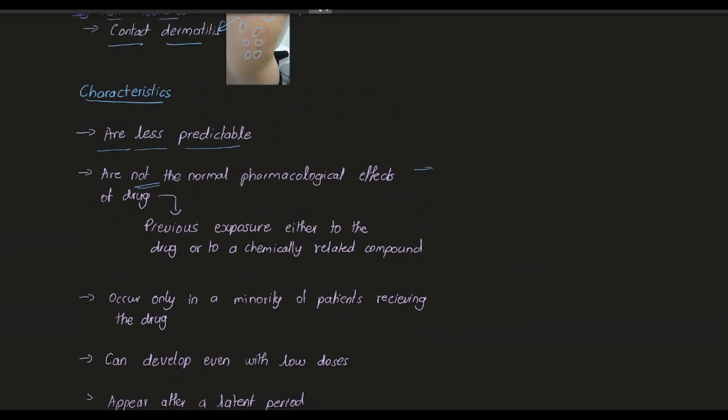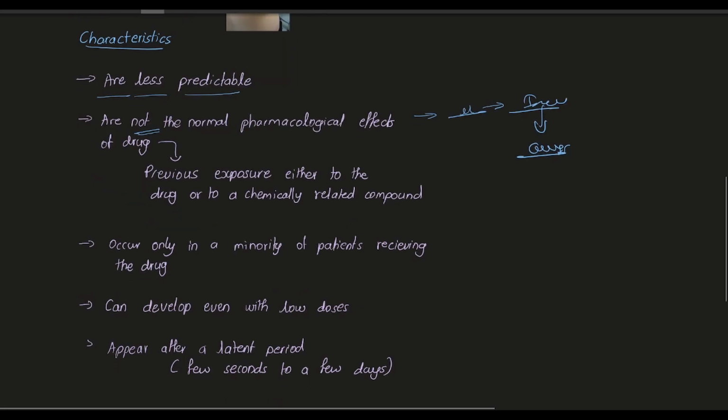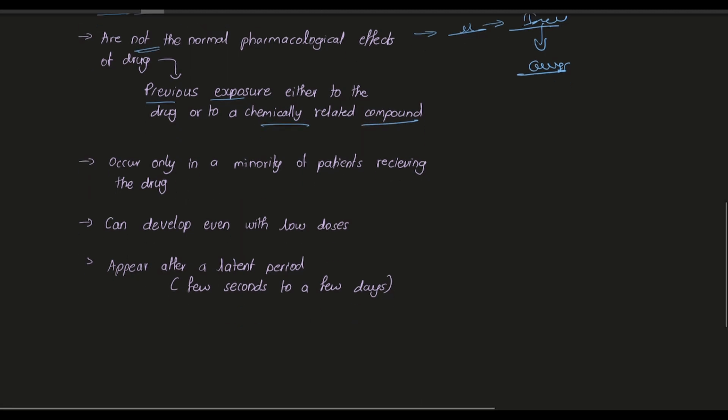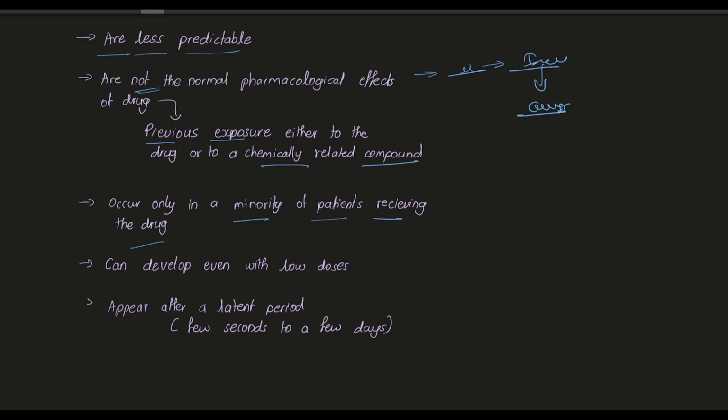Usually the drug doesn't cause this, the immunological response to the drug causes this. It involves previous exposure to the drug or any chemically related compound, and it occurs only in a minority of the patients who receive the drug. It can also develop with low doses of the drug. What our body needs is just to know whether the drug is there or not.